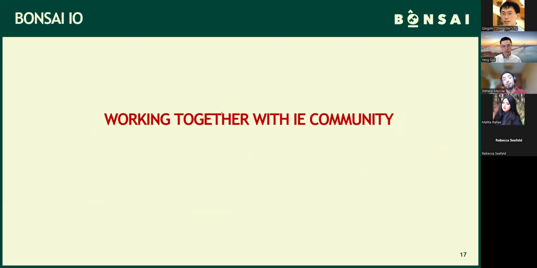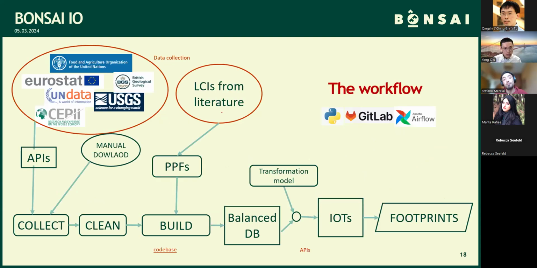And then, what could be the contribution from the community? Bonsai, as I said before, uses a lot of top-down data coming from statistical offices, but also life cycle inventories.